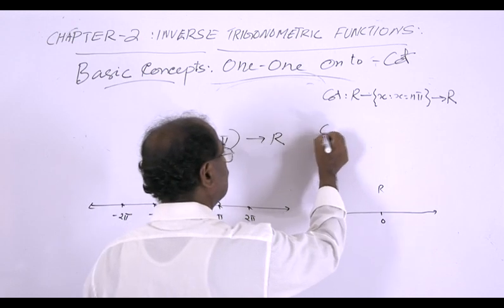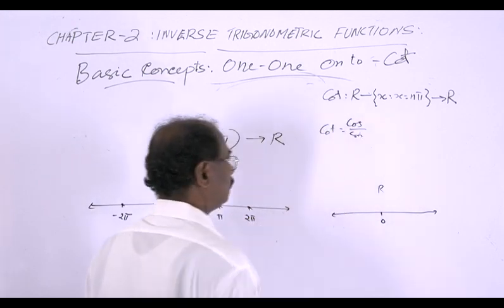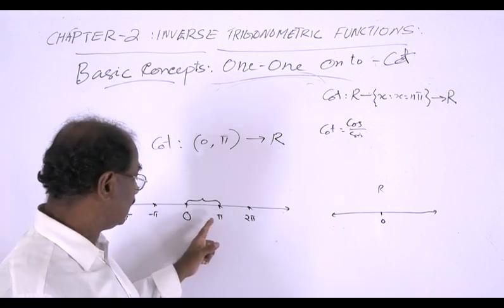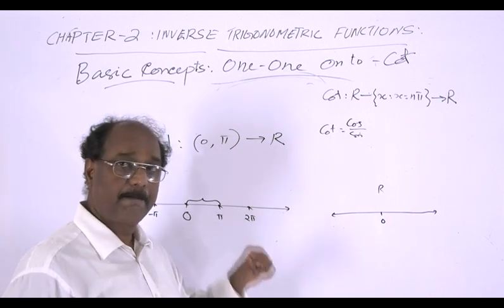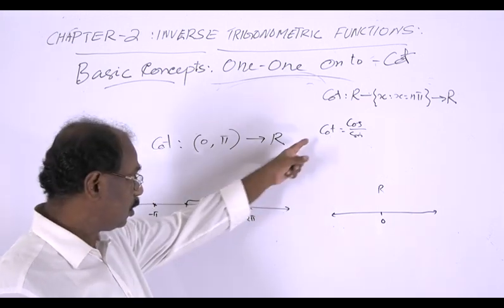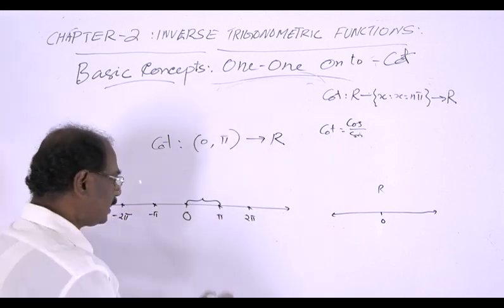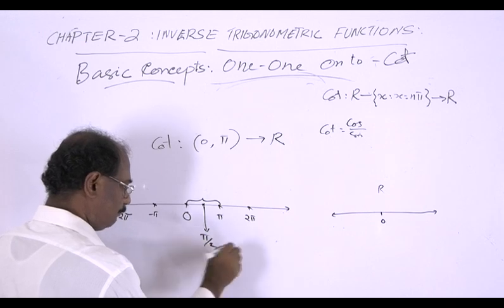We have cot equal to cos by sine. Now cot 0 does not exist, and cot π also does not exist. Consider this middle value, which is π by 2.